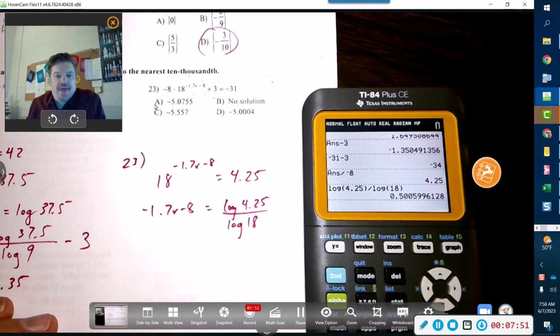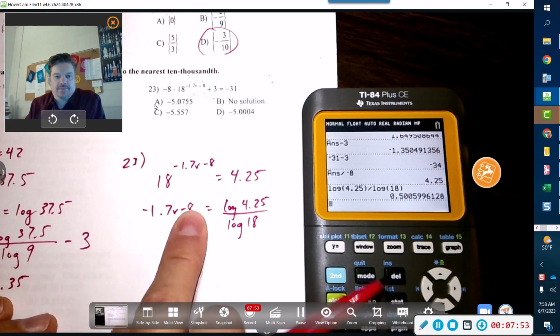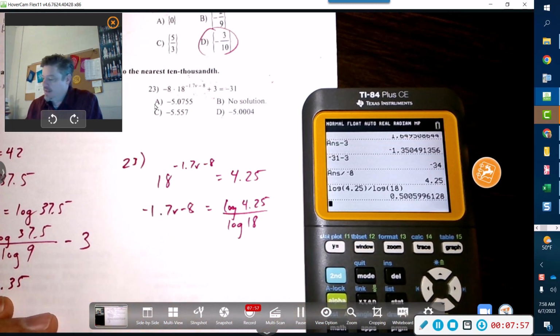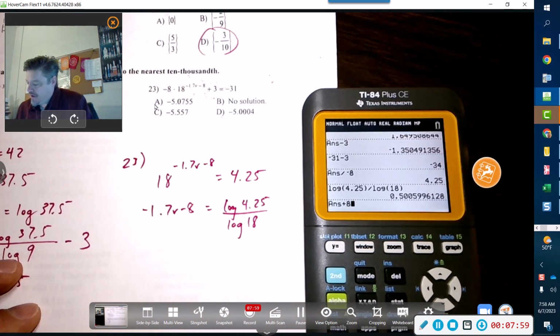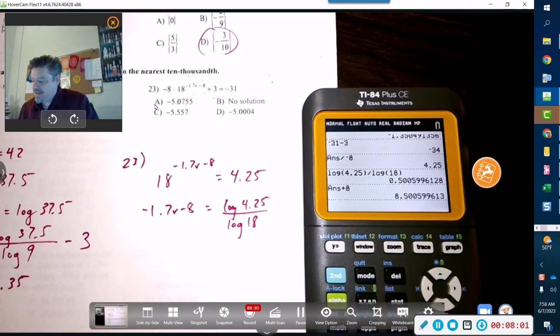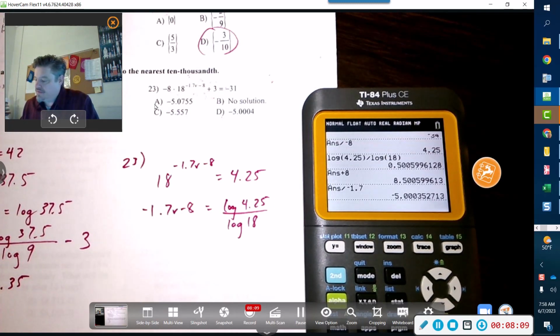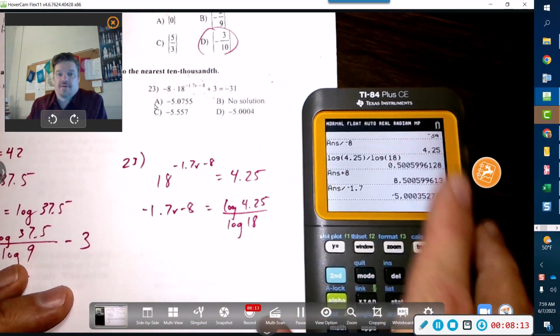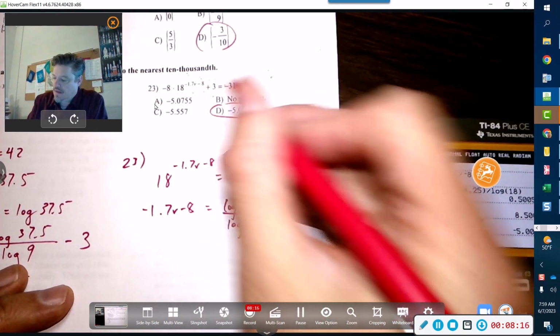And then we need to add 8, and then we will divide by negative 1.7. So just think of all these skills that are assumed that you know. All that pre-algebra. So we got a negative 5.000004. There it is, and that's this guy right there.